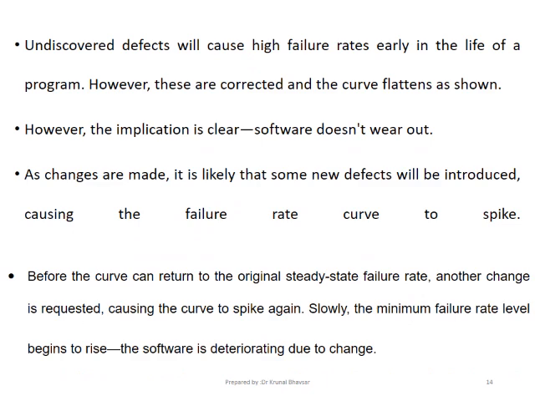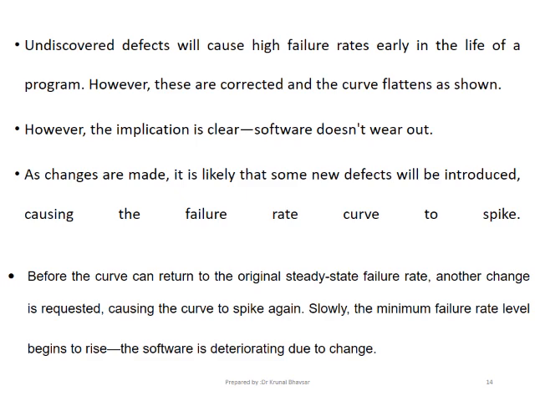So as we discussed the failure rate of hardware, now let's talk about software. Undiscovered defects will cause high failure rates early in the life of a program. However, these are corrected and the curve flattens as shown. The implication is clear: software doesn't wear out.